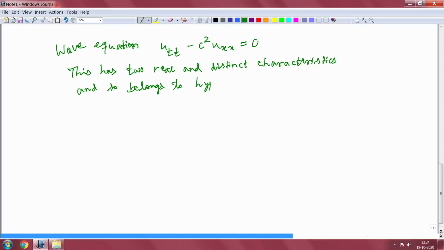This is a typical example of a hyperbolic equation.